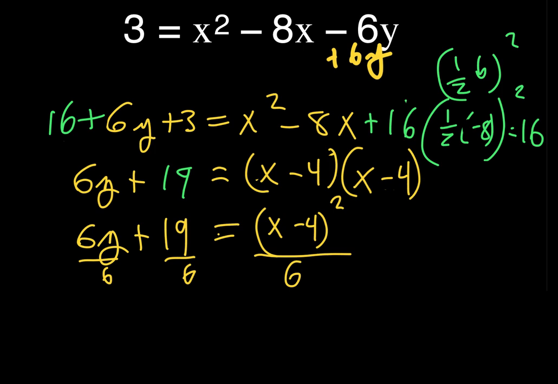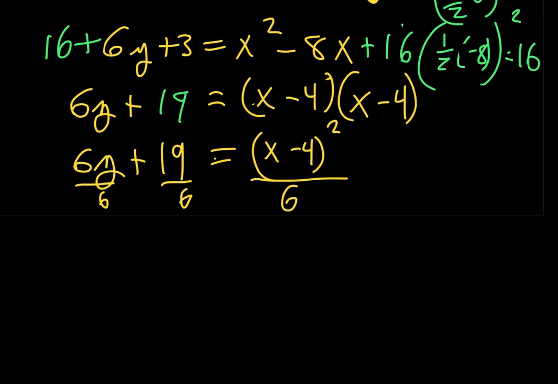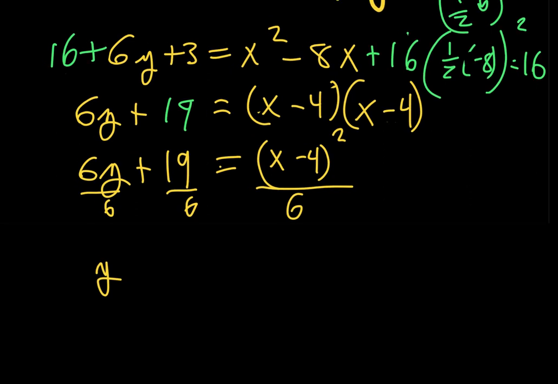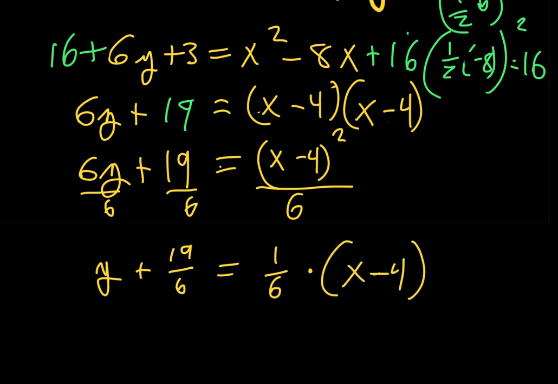When I do that, I will get y plus 19/6 equals, I'm going to rewrite the division as multiplication. This is dividing by 6, so it's the same as times 1/6. Now I have it in standard form.